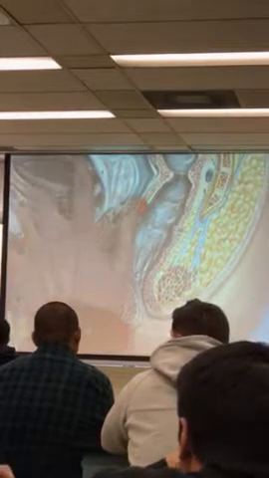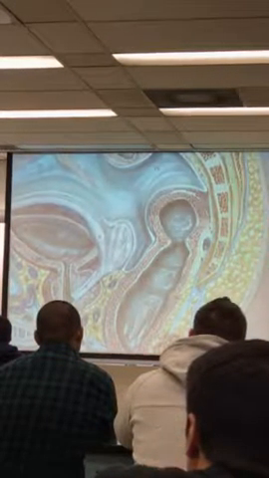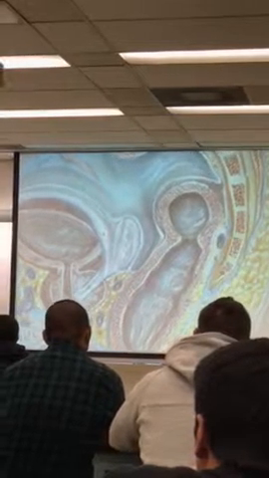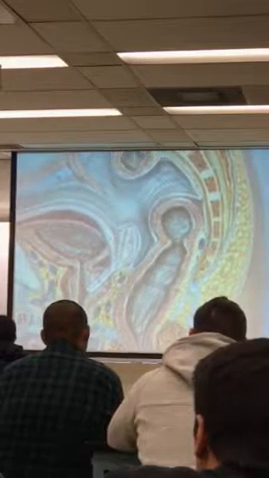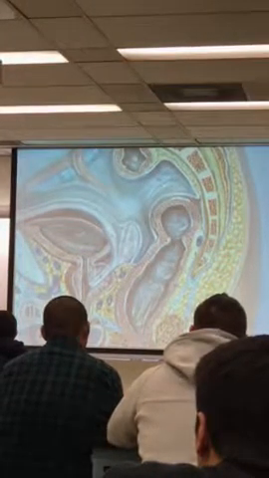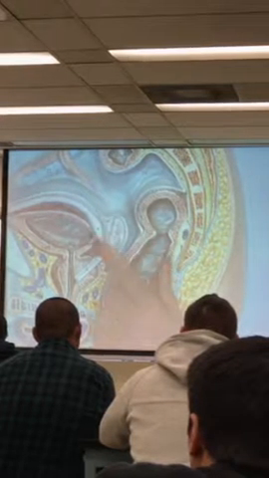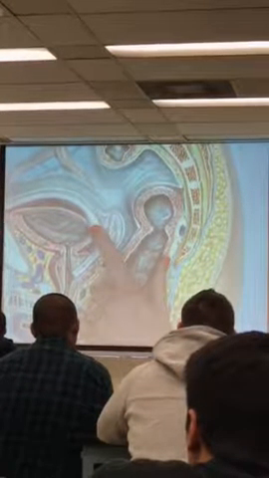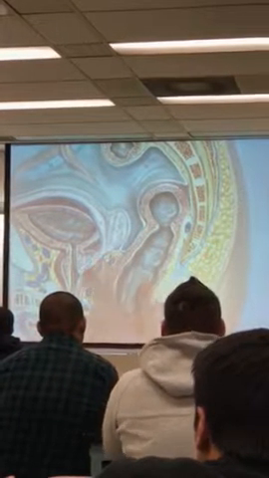So the vas deferens dilates to form the ampulla. Okay. And that joins with the seminal vesicle. That's the first gland. And so the sperm from the vas deferens and the fluid secretions of the seminal vesicle join together to form the ejaculatory duct.